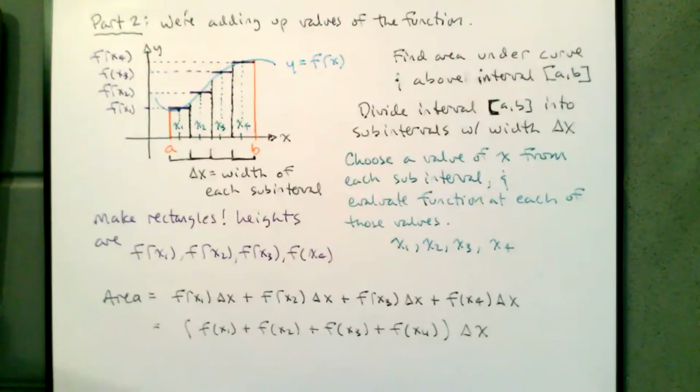So one way we can calculate this area is to add up all the heights and multiply by the common width. So here, all we did was factor out the width.